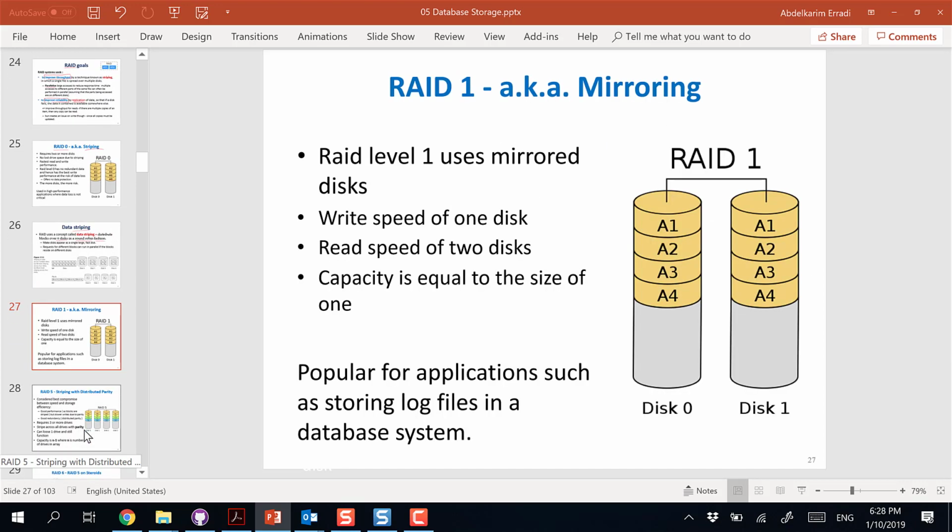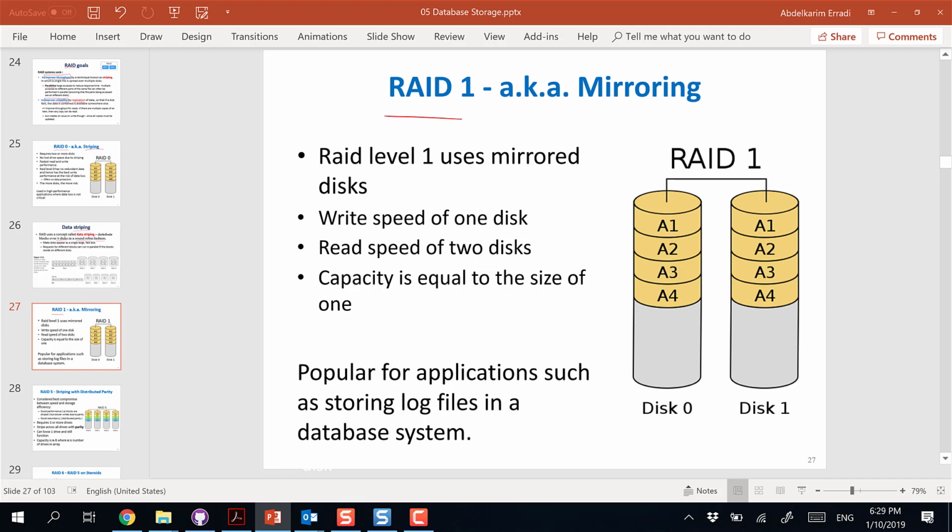The second one is called mirroring, which is RAID 1. So the first one, RAID 0, is called striping, and RAID 1 is called mirroring. As the name suggests, it is a mirror. Each disk is the mirror of the other disk, so you're writing 2 copies simultaneously on 2 disks.